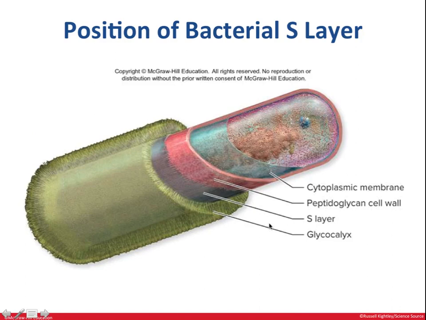As we can see, this is the glycocalyx. All these are other structures that protect the bacteria to prevent water or nutrient loss, and they also help the bacteria attach to materials and form colonies.